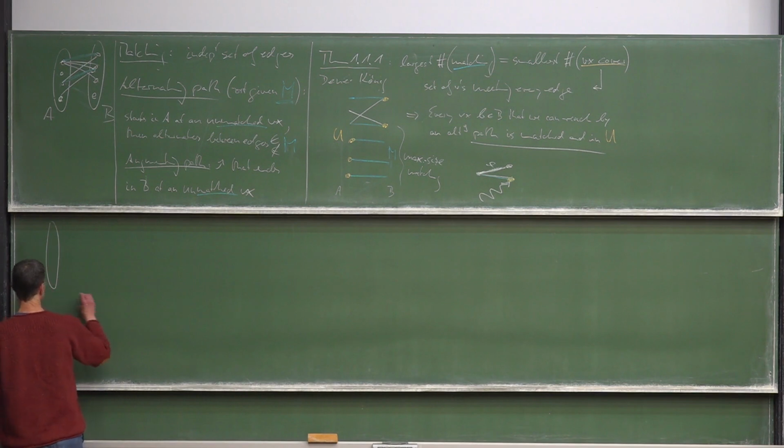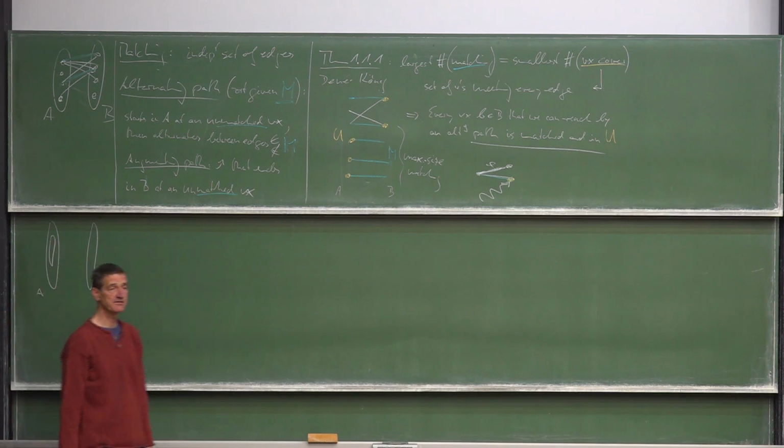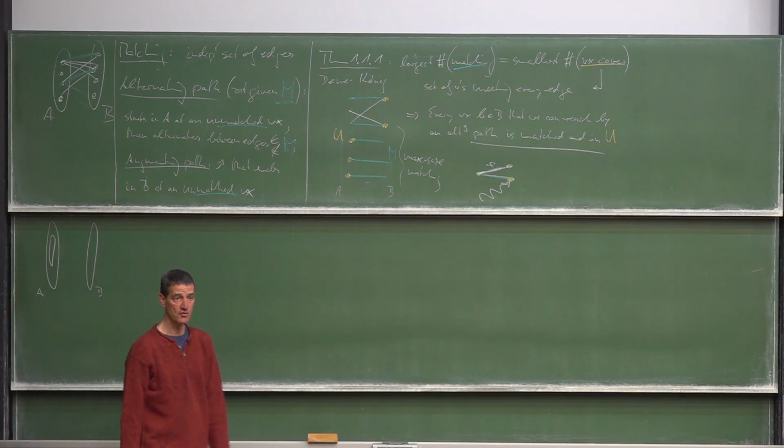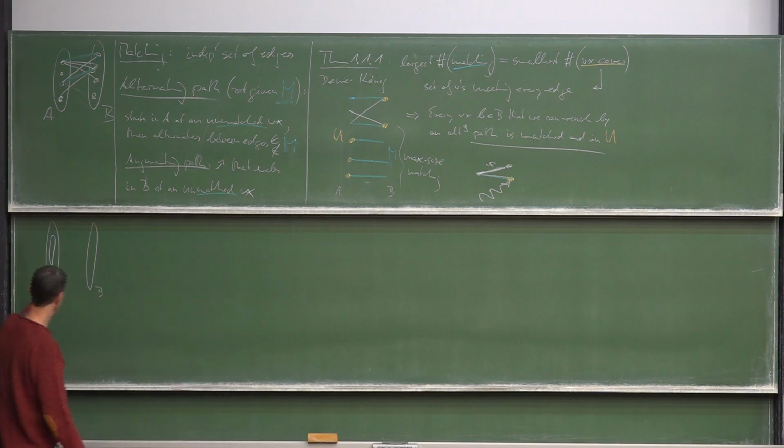So we have our bipartite graph again, A and B. Here's a necessary condition for the existence of a matching of the entire set A. When I say a matching of A, I mean a matching in the graph, an independent set of edges whose union has A as a subset, that covers A.